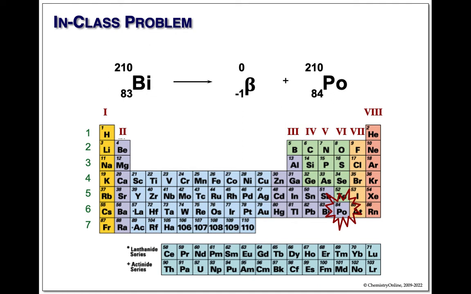Interesting point. Polonium 210 is an alpha emitter. It also has the distinction of being the most toxic radioactive element that is known. 10 nanograms. Nano, remember, is 10 to the -9. So 10 nanograms will kill you.